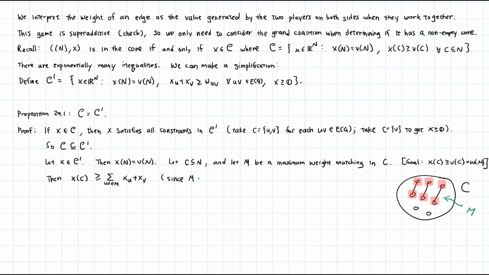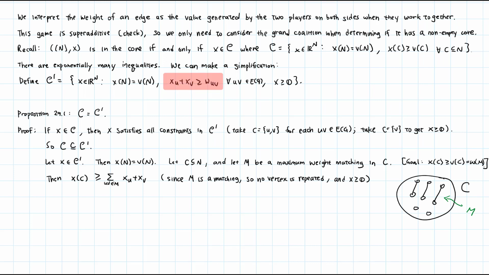And this is because M is a matching, so no vertex is repeated in this sum. And for vertices not matched by M, their x values are at least 0 by assumption, so this inequality holds.